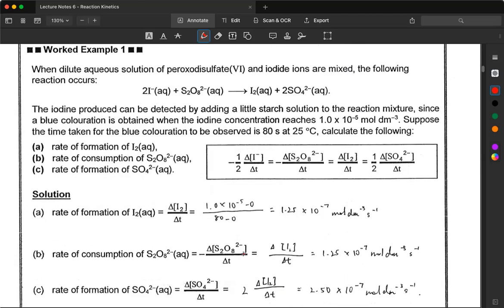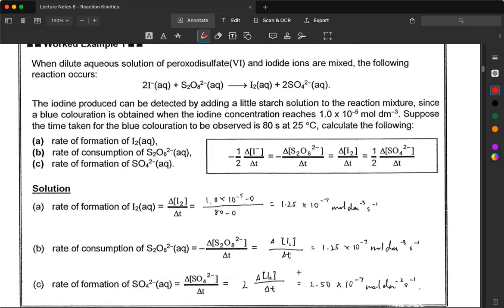Rate of formation of SO4²⁻, because this time around, it's half, so you need to times 2. For S2O8²⁻, we don't need to, because there is no coefficient here, so you just directly take the value.